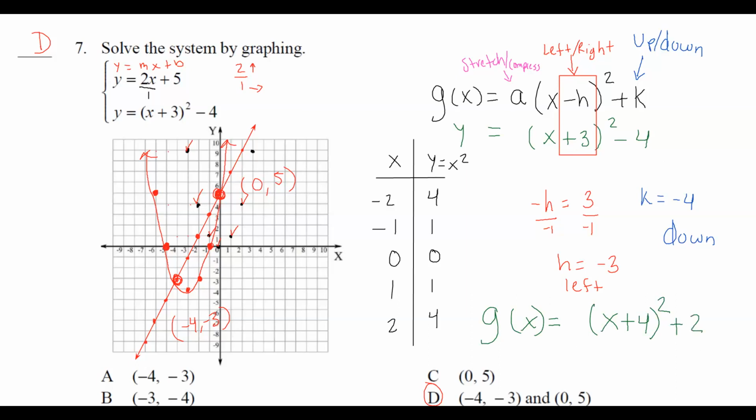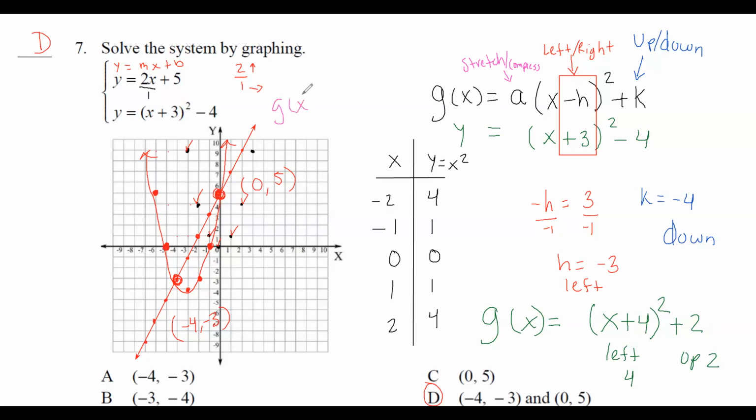Go ahead, Emma. If it's plus, it's going to go left. So this one is moving left. How many spaces? 4, and it's going up. How many spaces? 2.